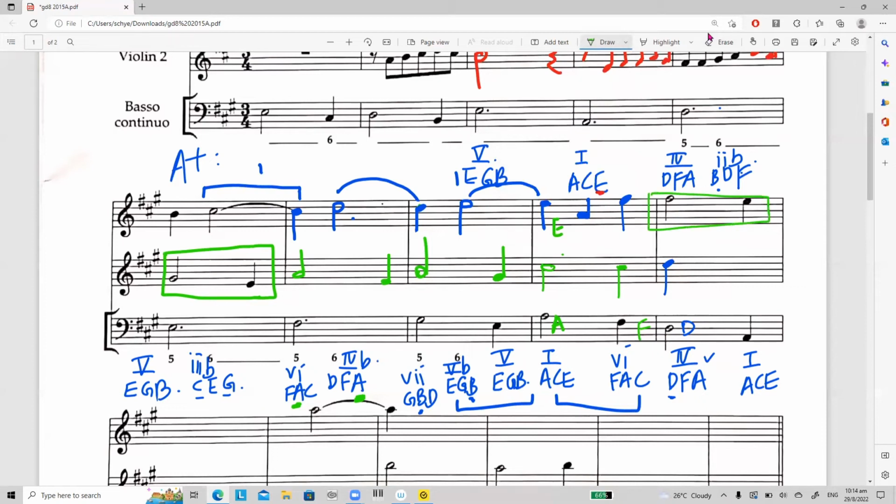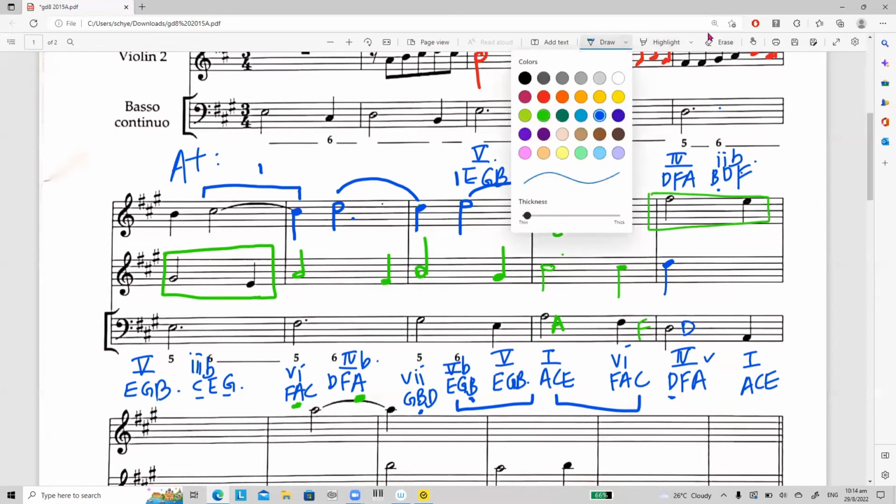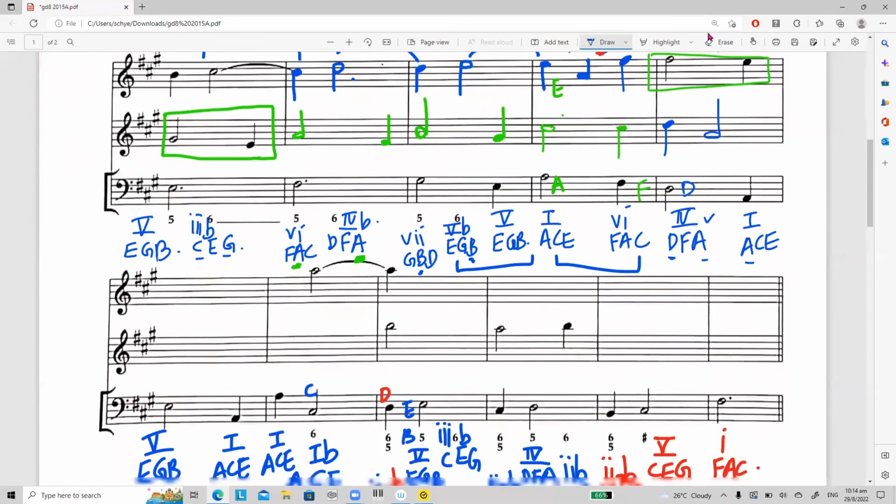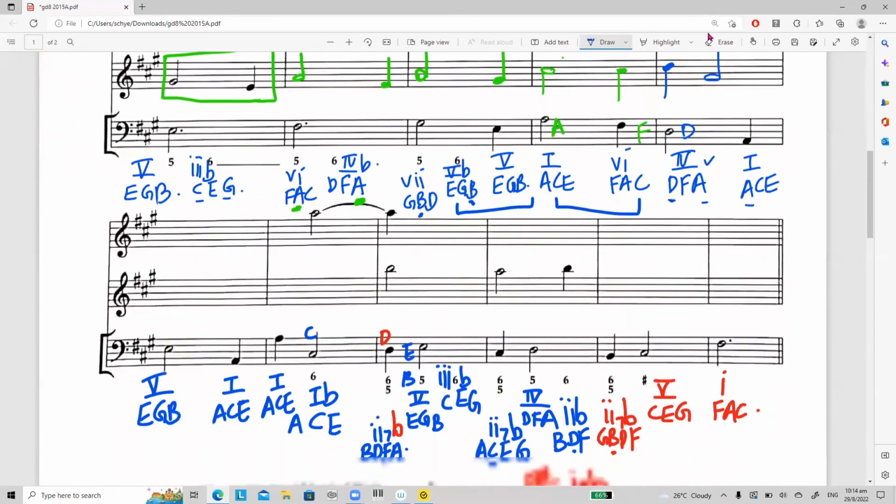So D, and then these two chords have a common note, which is A. So I use the A for the minim. Just nice, the second line is done.